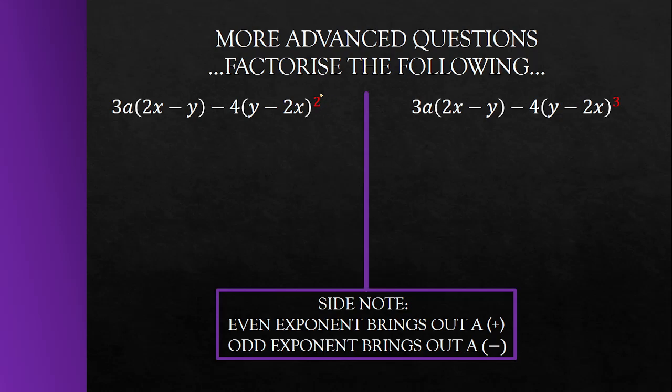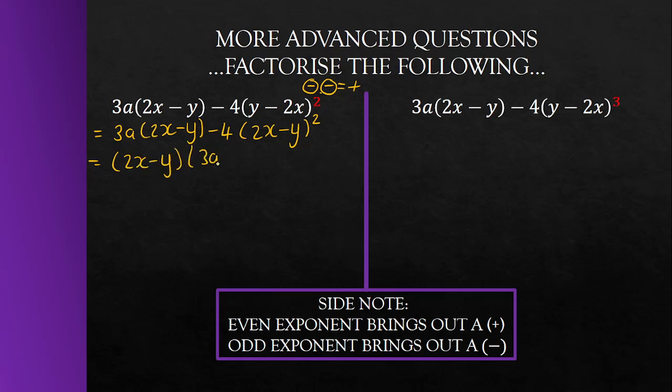Now it's just negatives. Now remember, with the square, we took out the two negatives, which was positive. Now that positive times this negative is going to do nothing. So I can just go and rewrite this as negative 4 2x minus y squared, and I've got 2x minus y 3a minus 4 with this 2x minus y in the back.